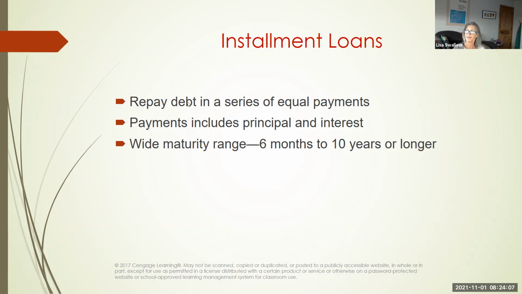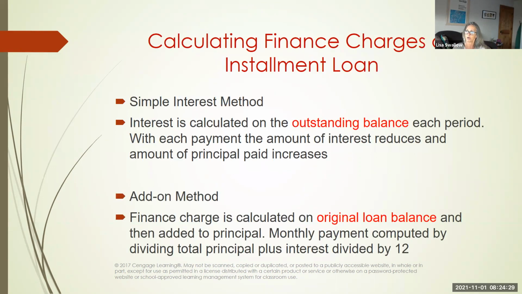And you pay back in a series of equal payments. And every time you make a payment, part of it's principal and part of it's interest. It can be a 6-month note, or it can be my mortgage, which is 30 years, right? So they're configured the same, and there's a wide range of time periods they can go over.